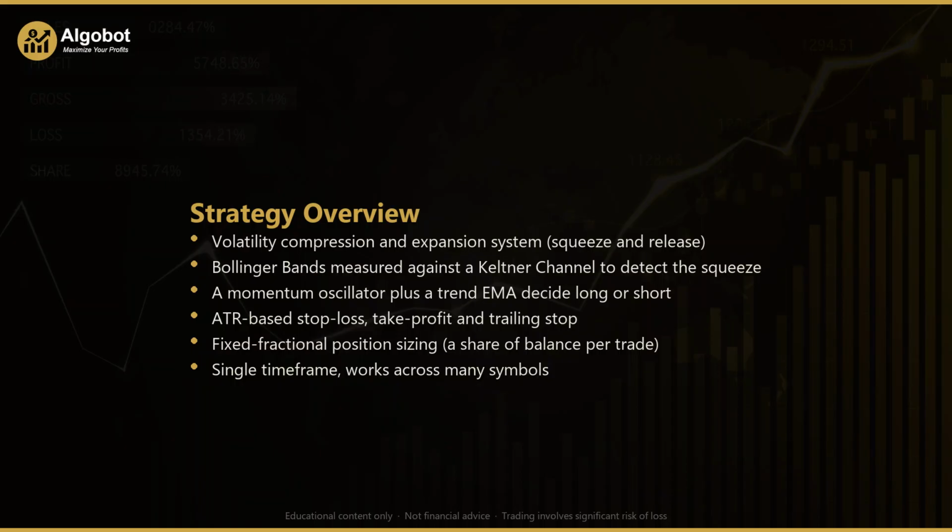This EA runs on a single time frame, whichever chart you attach it to, so it can be studied on anything from intraday charts to higher time frames, and on a wide range of instruments such as major currency pairs, indices, metals, or other symbols your broker offers. It is designed for traders who are drawn to breakout and volatility expansion styles rather than constant, high-frequency activity, because it waits patiently for a squeeze to build and then release.